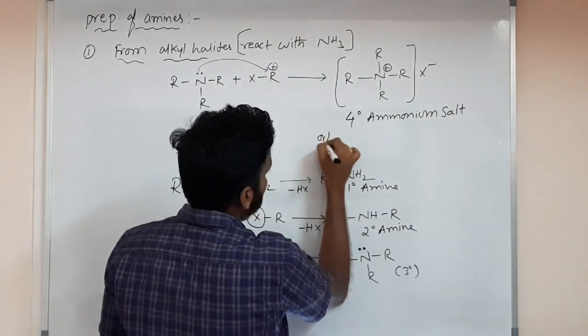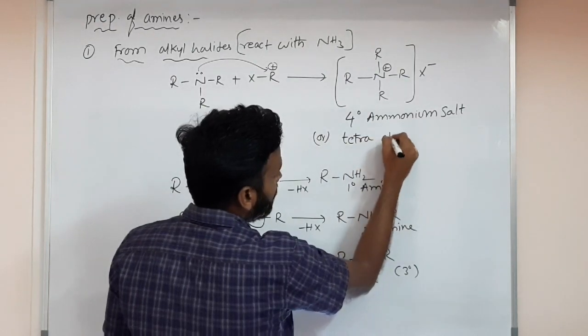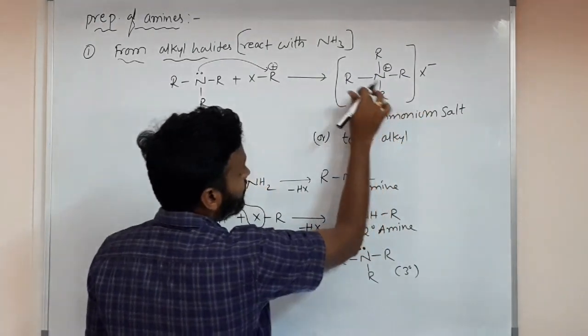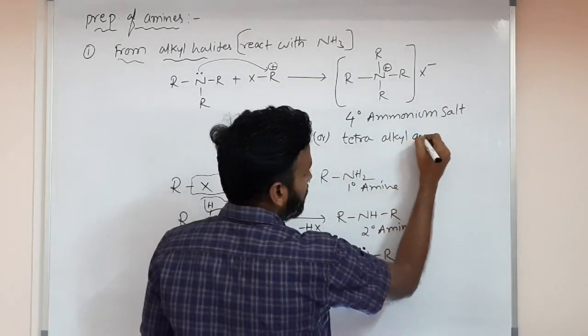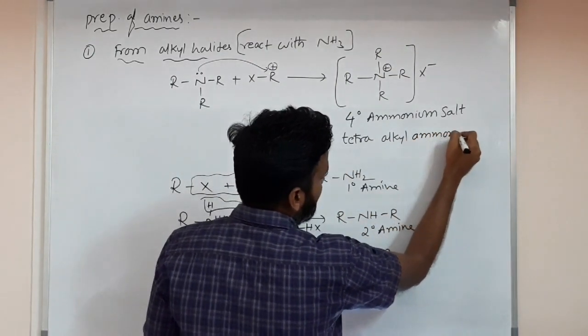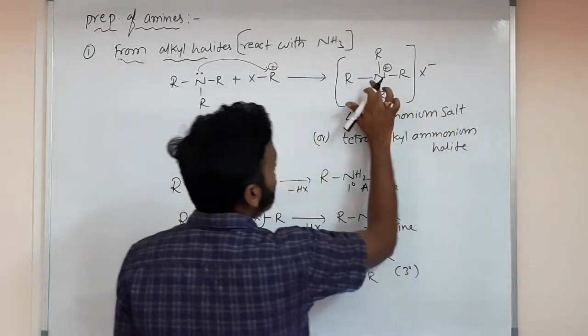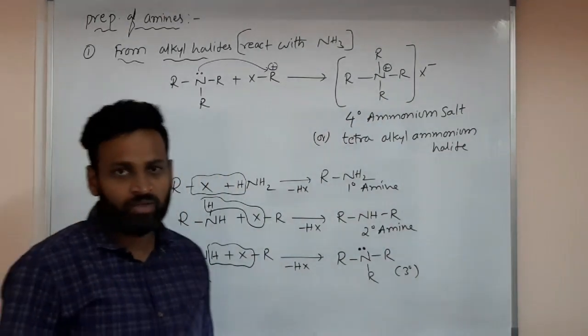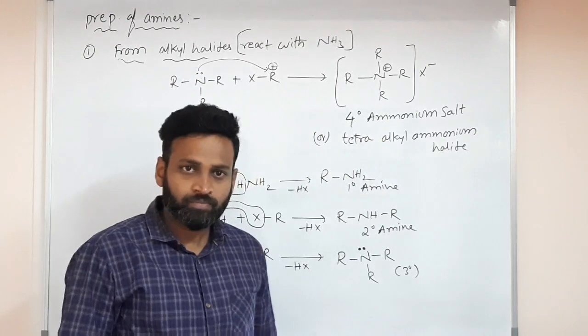Otherwise, the same you can write as tetraalkyl ammonium halide, because four alkyl groups are there now. Ammonium by the positive charge of nitrogen. NH4 plus is ammonium.